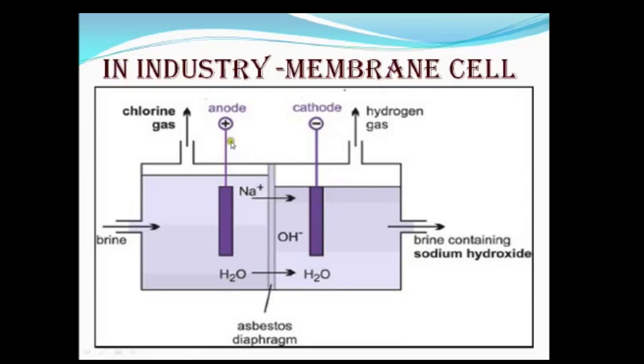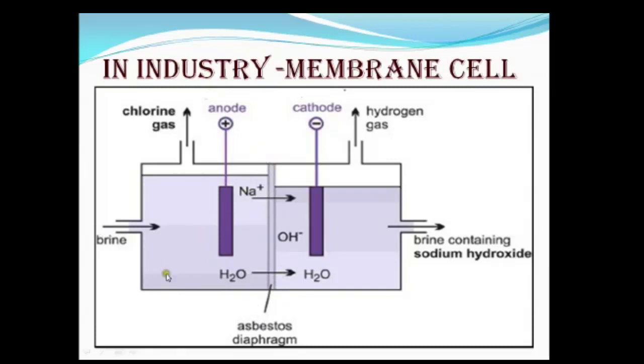The positive electrode is the anode, and the negative electrode is the cathode. The electrolytic solution of brine we are putting in this chamber. This is one container. This is the partition called the asbestos diaphragm, or any other plastic membrane, which we can also use here.